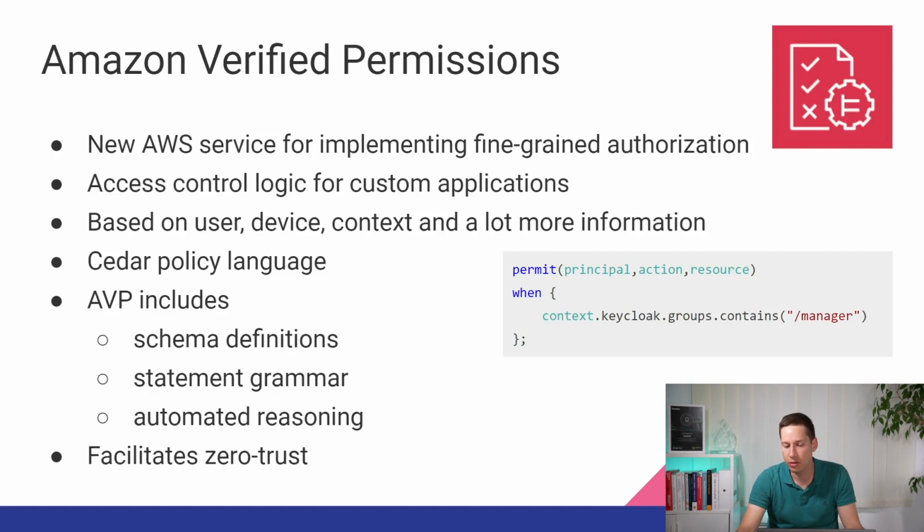So for example, you can check a group membership in this case. Verified Permissions also contains the schema definitions, and it has not only the statement grammar, but also automated reasoning for it. This makes it much easier to develop applications with fine-grained authorization, and it also makes one more step towards zero trust.